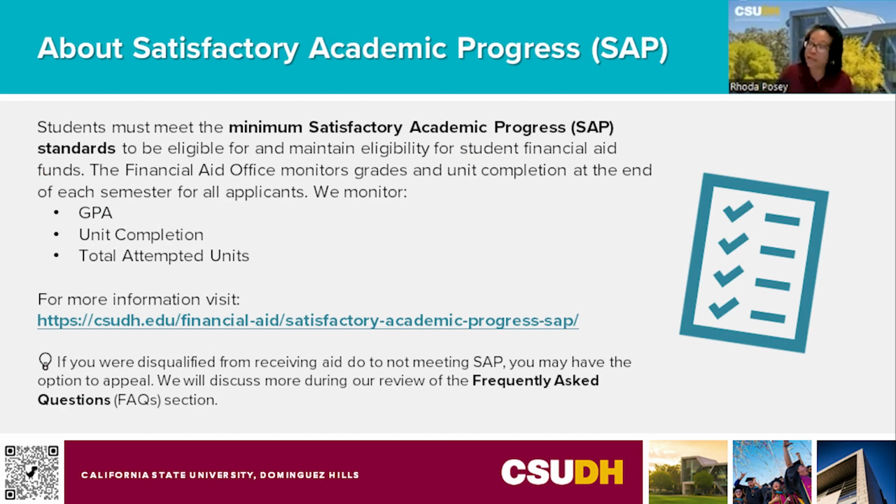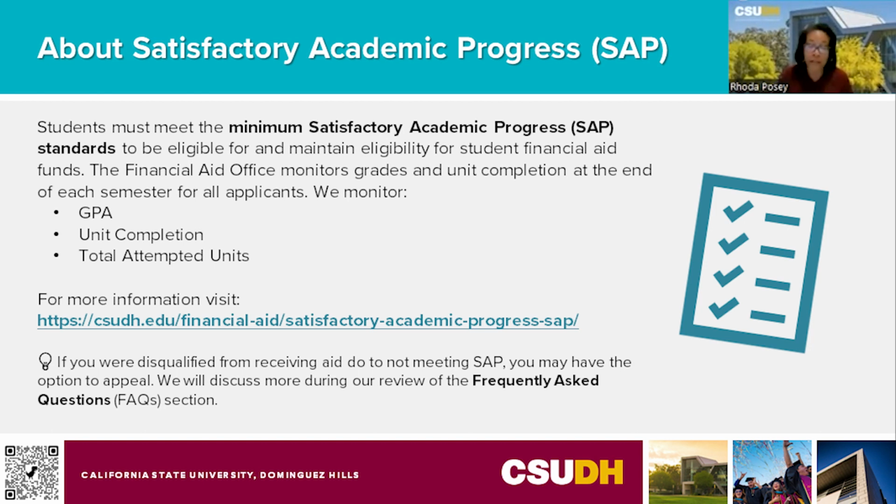So about Satisfactory Academic Progress, and we'll get a little bit more into it with your questions, students have to be meeting Satisfactory Academic Progress to maintain their eligibility for aid. We monitor grades and unit completion at the end of each semester. The 3 categories that we specifically monitor are GPA, unit completion, and total attempted units.